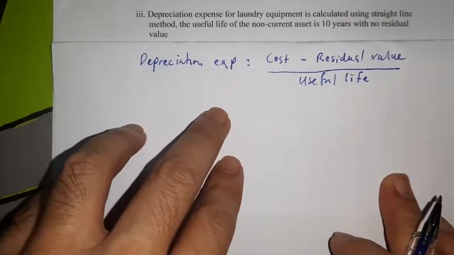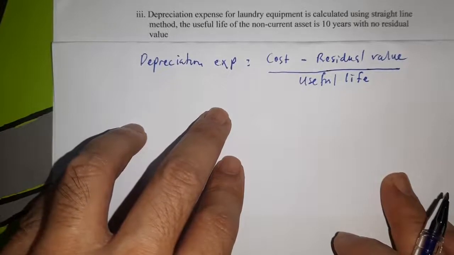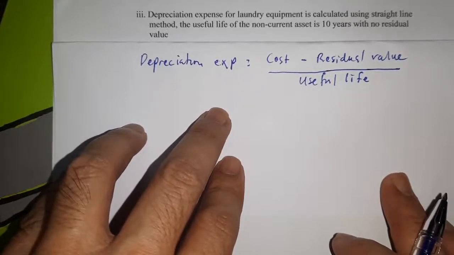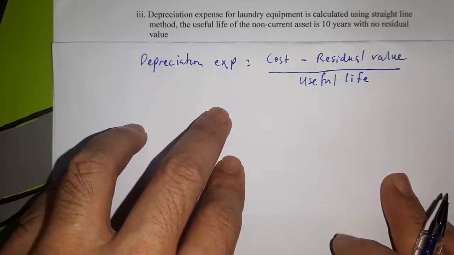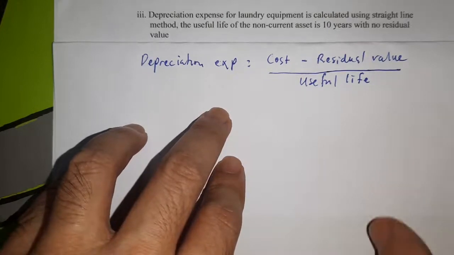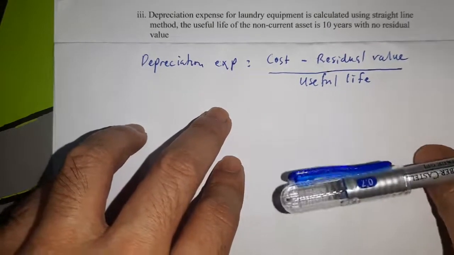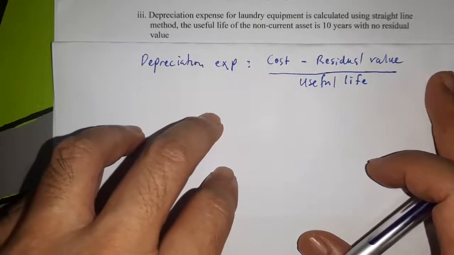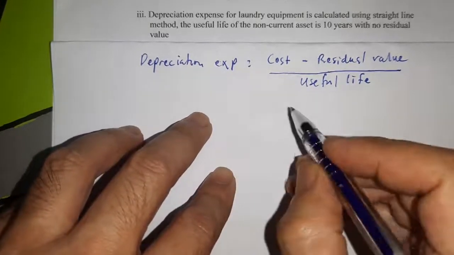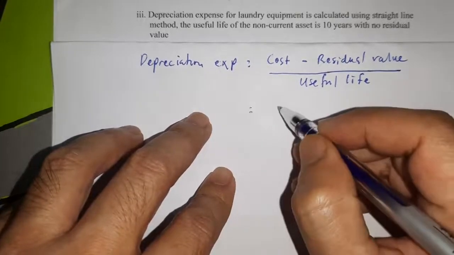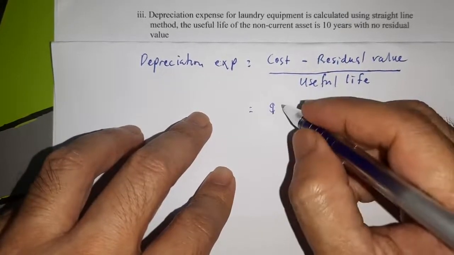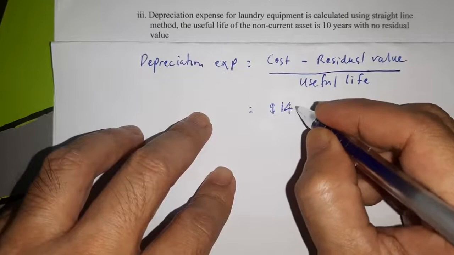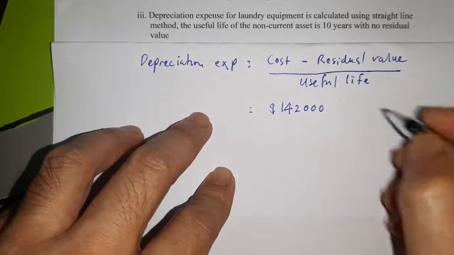Okay, in this sample question, the asset laundry equipment is equal to 142,000.